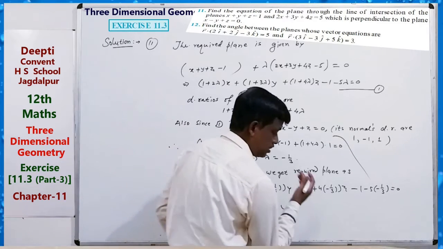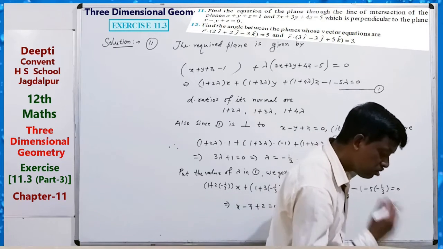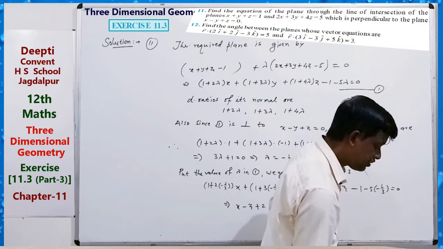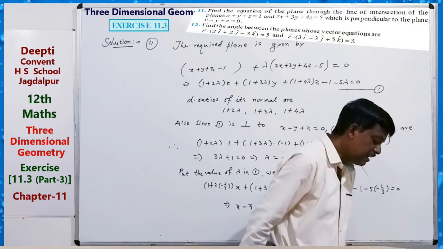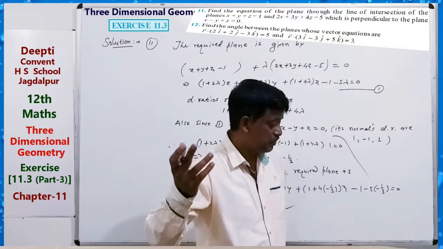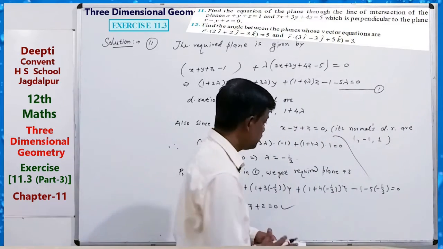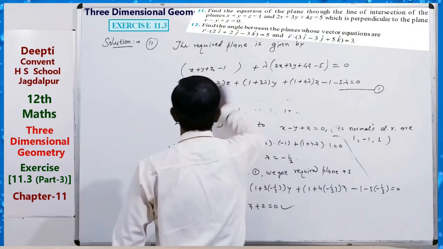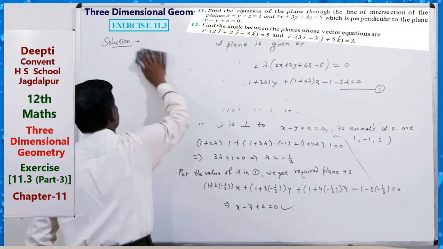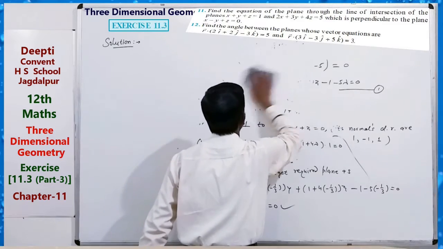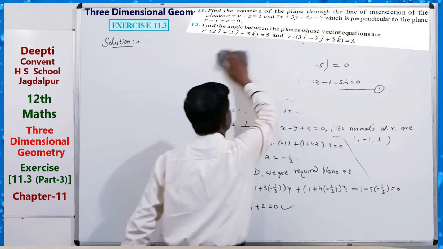Now question 12. Question 12 can also be solved. Find the angle between the planes whose vector equations are given. Angle between two planes, we know, is very simple: it is given by the angle between their normals.